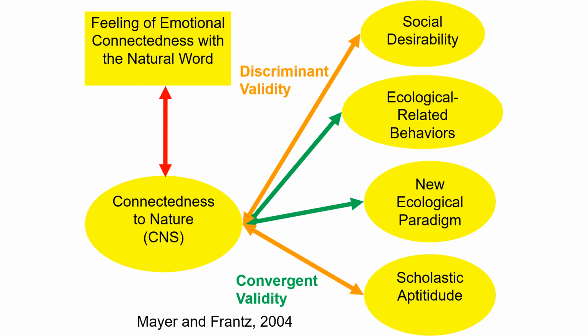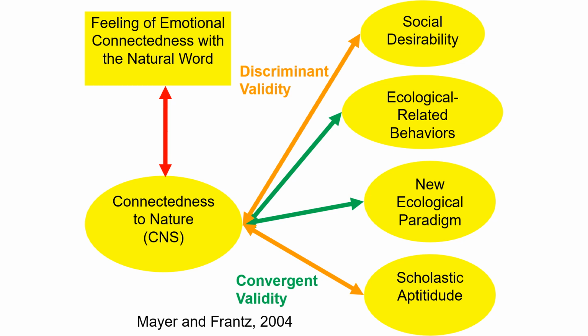So, somebody who takes this connectedness to nature scale might not really feel connected to nature, but might think, oh, all the people in my neighborhood are really eco-conscious, and I like my neighborhood, so I also want to be viewed that way. And so I'm going to go out of my way to just make it seem like I'm over the top connected. Well, we can pick up on that kind of thing by measuring an entirely different thing that measures your ability to do that. And so that's what researchers do.